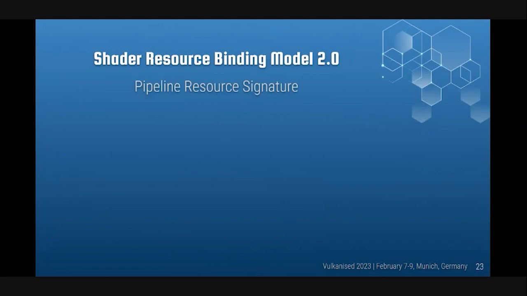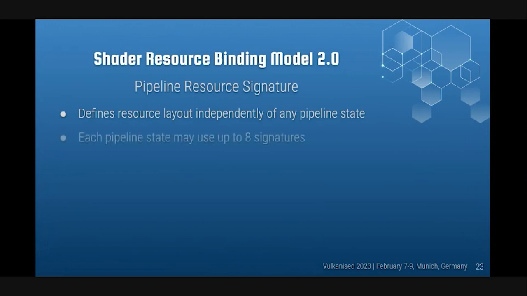And these problems were solved in our second version of the shader resource binding model that introduced an object called pipeline resource signature. It's basically a counterpart for pipeline layout, and it defines the resource layout independent of any pipeline state.